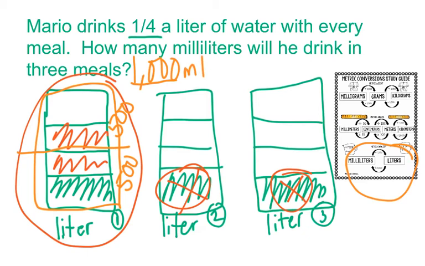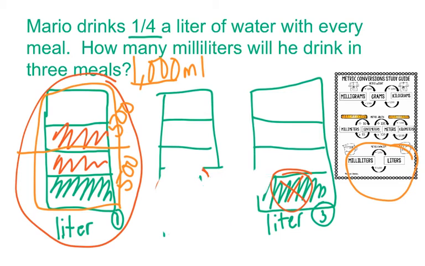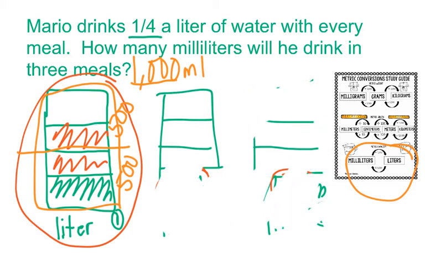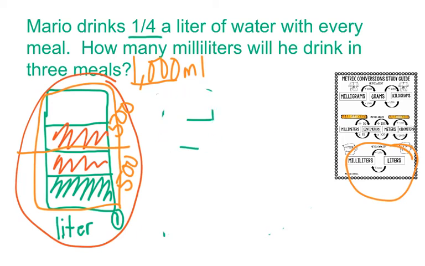Okay, so I'm going to just move this out of the way here, and I'm going to show you the choices on the digital quick check. So we just saw that he drank more than 500, because 500 is half, but less than a whole liter, so less than 1,000.